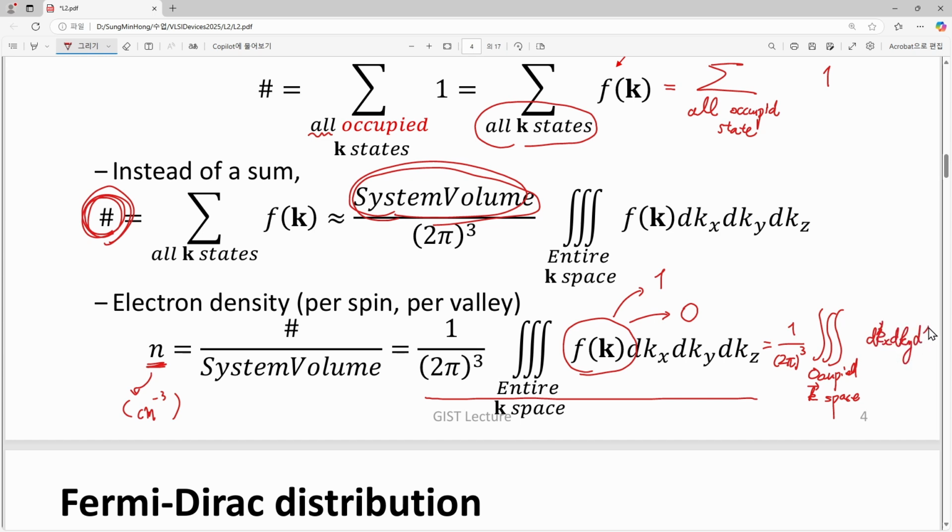However, this kind of selection over the integration range is quite difficult. So instead of that, we just make it here. And this integrand takes all kinds of complicated physics. So if we now know the distribution function, then we can easily calculate the electron density.